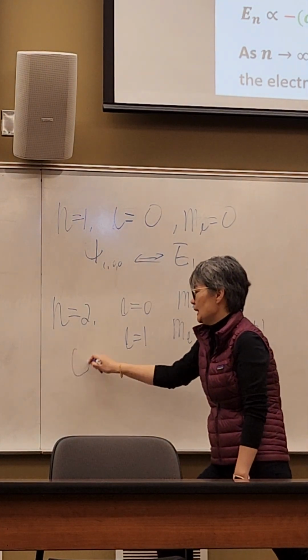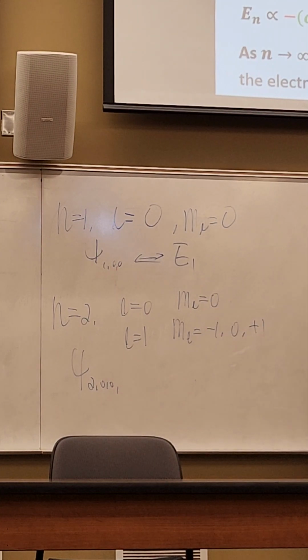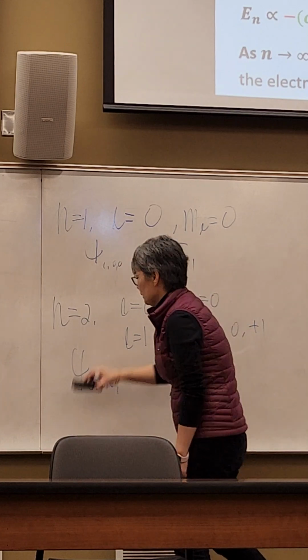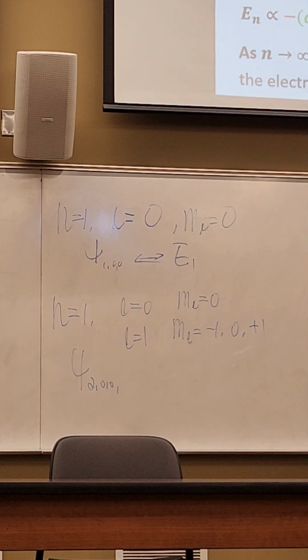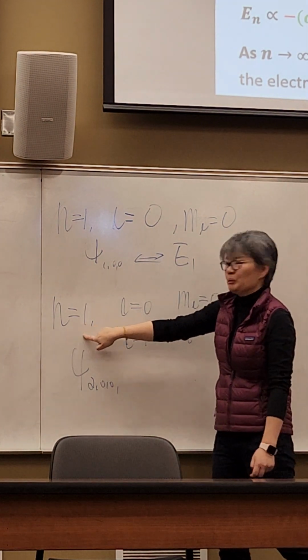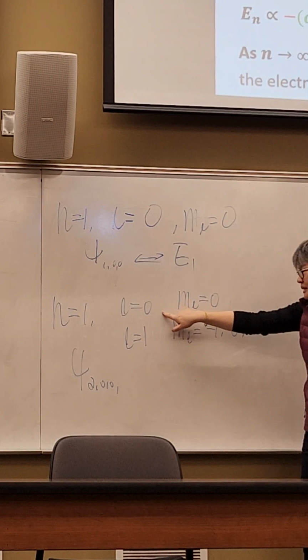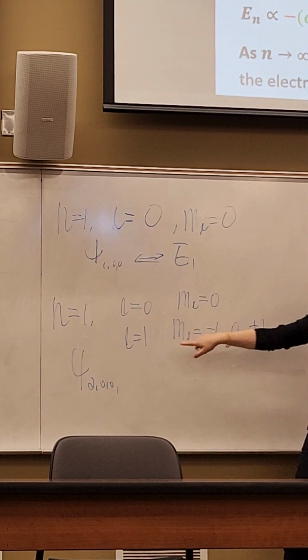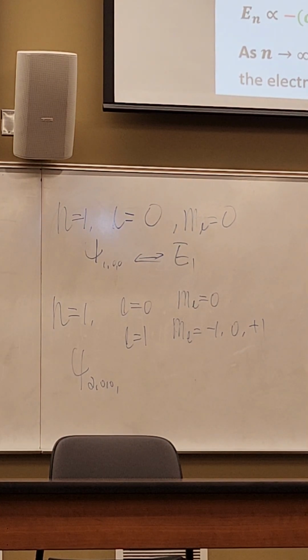Okay, actually, sorry, that was terrible. For n equal to 2, L can take 0 and 1. When L equals 0, m sub L equals 0. When L equals 1, you will have 3 m sub L values.